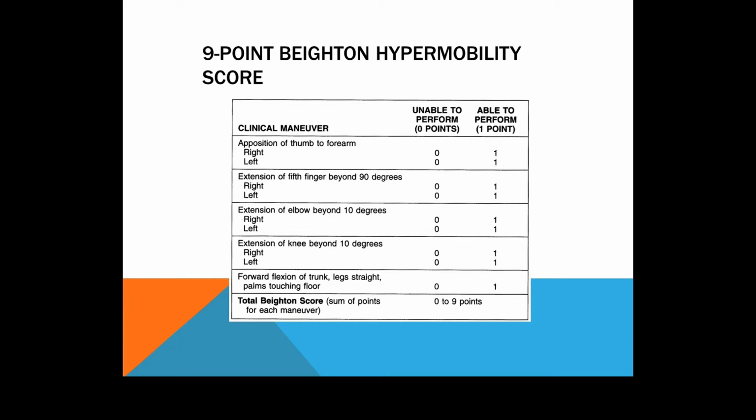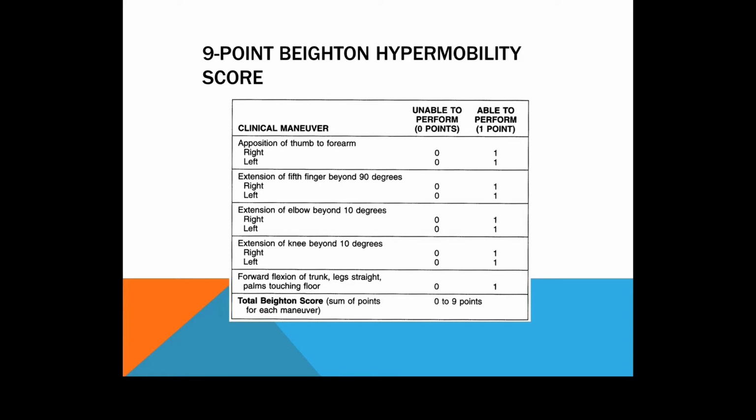So this is the 9-point Beighton hypermobility score. The Beighton scale is used to identify hypermobility. 1 point is given for each of the following joints, with a total score of 9 points. Where the joint is bilateral, so that's on either side, 1 point's given for each. So you'd have 1 point for your left thumb, 1 point for your right thumb.